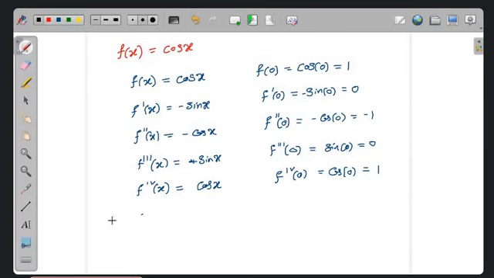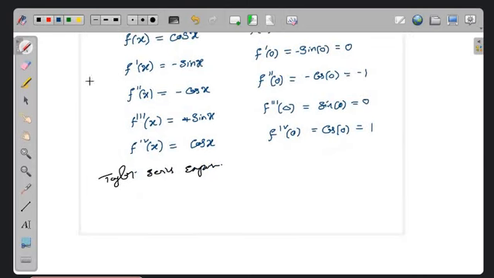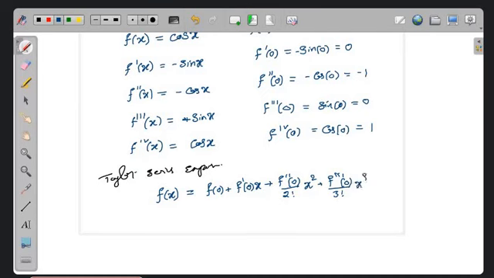So let's write the Taylor series expansion. The Taylor series expansion, which is f of x equals, so that is f of 0 plus f dash of 0 into x plus second derivative at 0 by 2 factorial into x square plus third derivative at 0 by 3 factorial into x cube plus and so on.